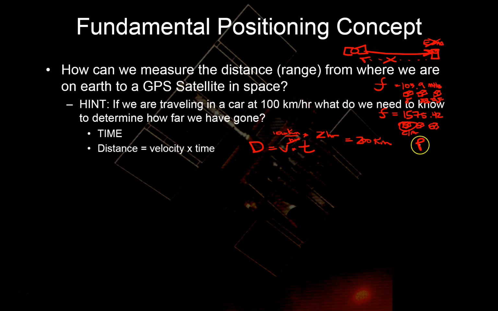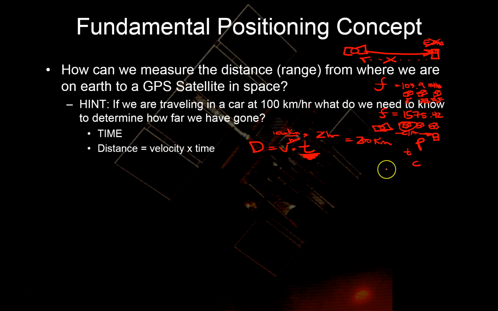What our receiver actually measures is time. It measures how long it took this CA packet of data to go from the satellite to our receiver on the ground. If it can measure time, it knows that signal was traveling at a specific speed. In this case, it's electromagnetic energy, so it's traveling at the speed of light, c.